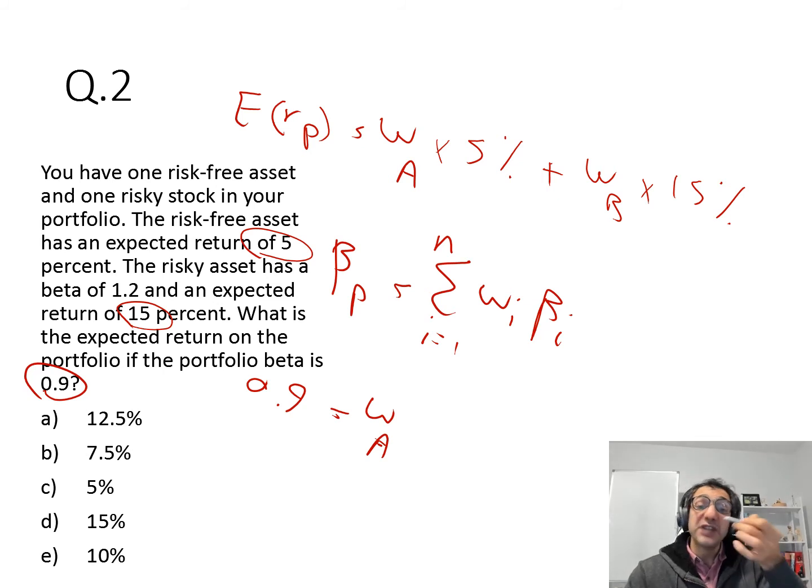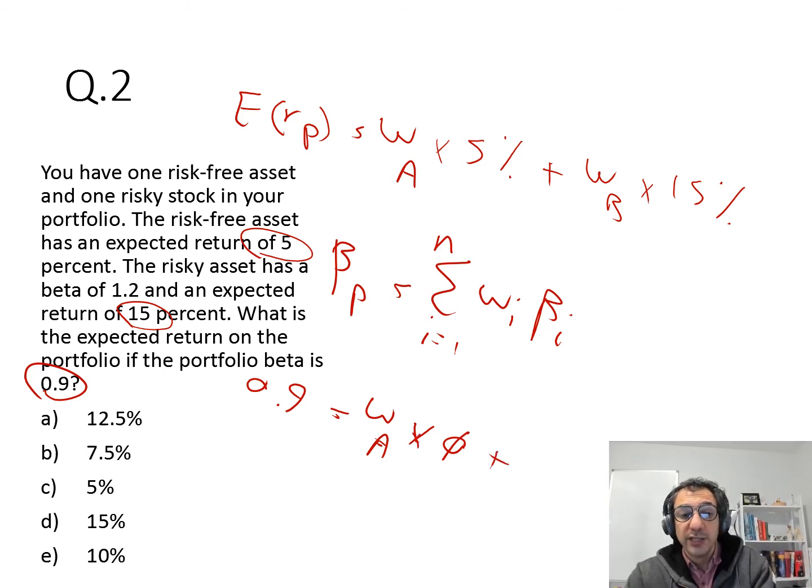Now, the risk-free asset, we learned, has a beta of 0. So the risk-free asset has 0 beta. That's the only tricky point here. So in other words, the first portion is not relevant, so I can get rid of that. And the weight of asset B times the beta of asset B, which is 1.2.